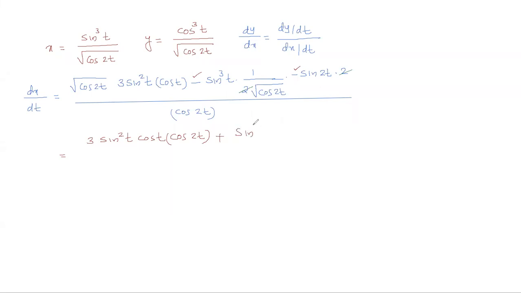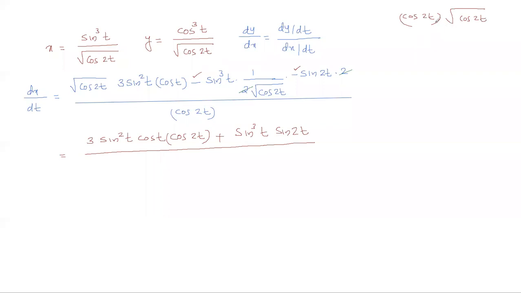So plus sine cube t into sine 2t, the whole divided by under root cos 2t, that will go to the denominator. So it will be like this, cos 2t into under root cos 2t.